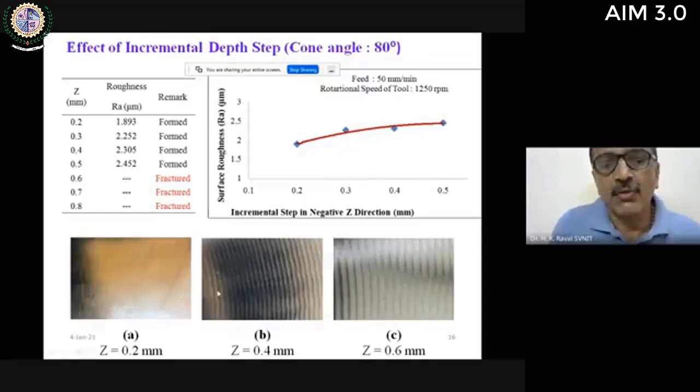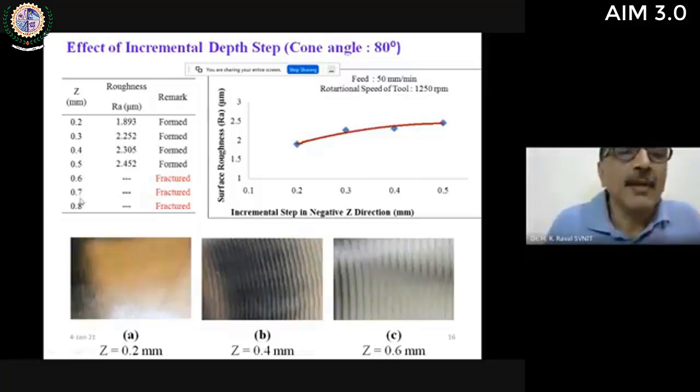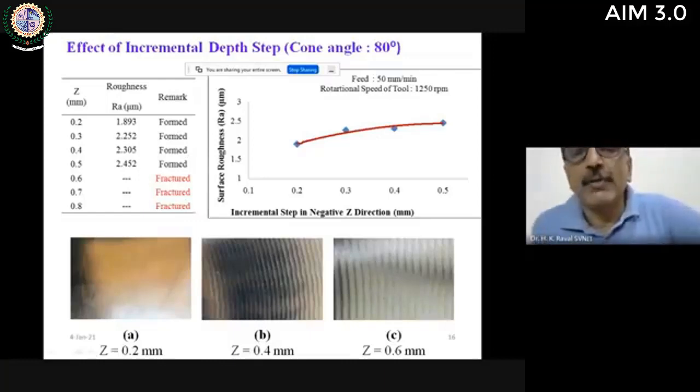But as you increase the Z, the tool marks are quite visible, and that increases the surface roughness. So as Z depth increases, the surface roughness increases. It is advisable to have a lower Z value so that surface roughness is better. But if you increase the Z, not only does surface roughness increase, the chance of failure also increases. So this is how your Z has to be controlled.